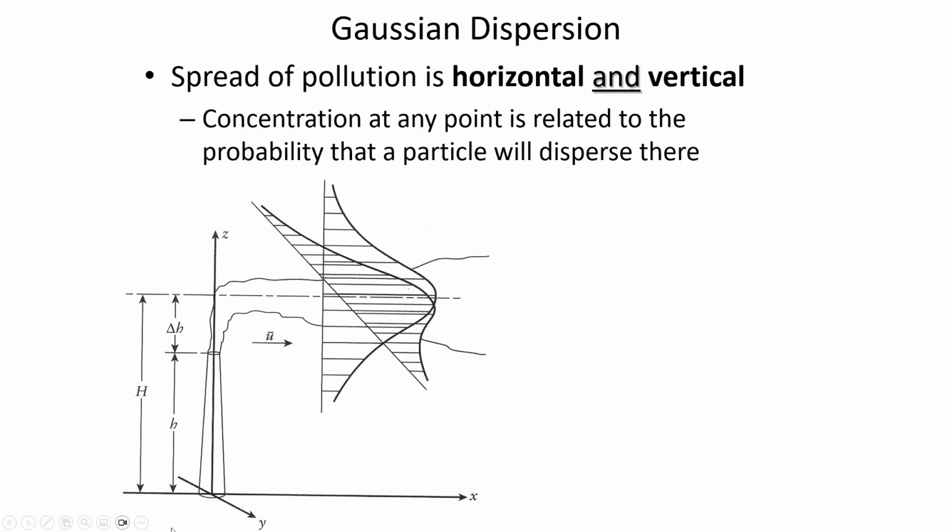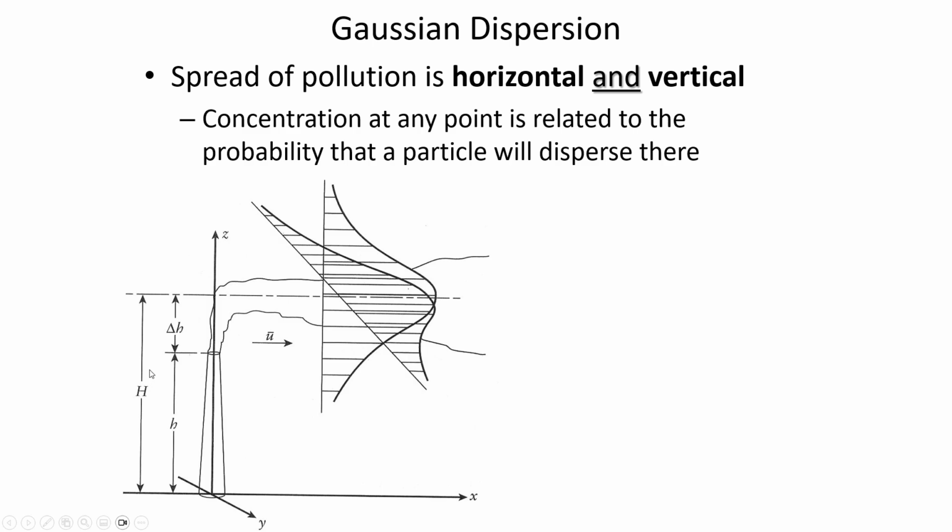Here we've got a smokestack, and what we're showing is that when the hot exhaust gases come out of a smokestack that has a height h, those hot gases will continue to rise as they're cooling off. Delta H is the distance that the smokestack gases rise beyond the physical height of the smokestack, where capital H here is the effective stack height.